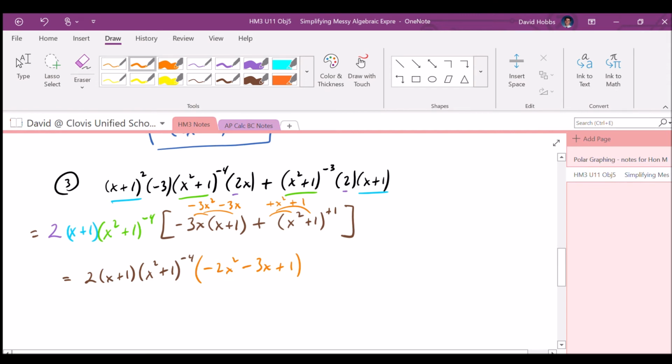We could factor out the GCF of negative 1. So bring it all the way out in front: negative (2x plus 1) times (x squared plus 1) to the negative 4. And so all my signs would change in that last set of parentheses. So positive 2x squared plus 3x minus 1.